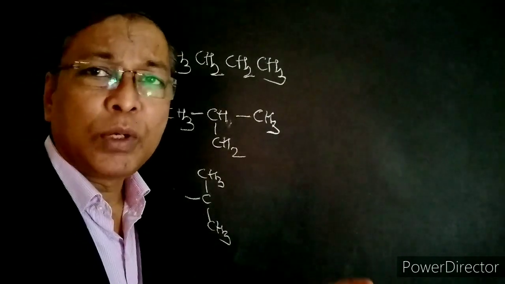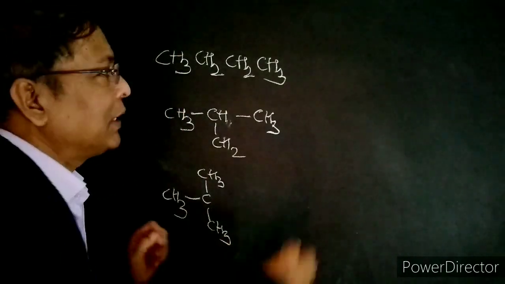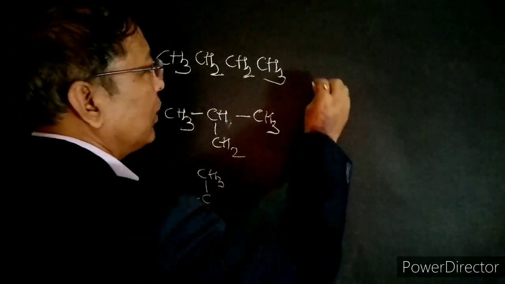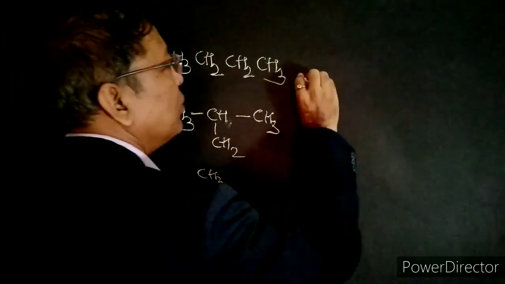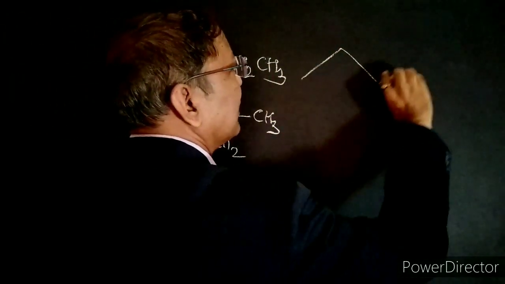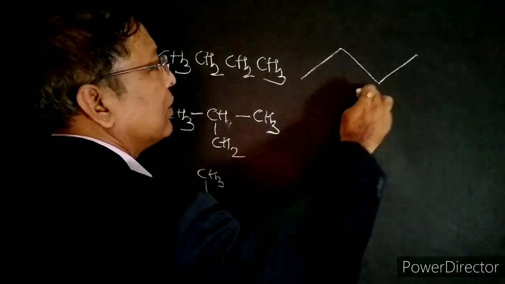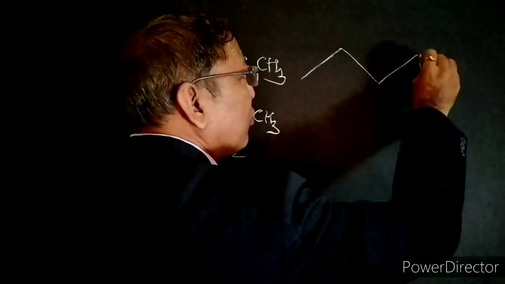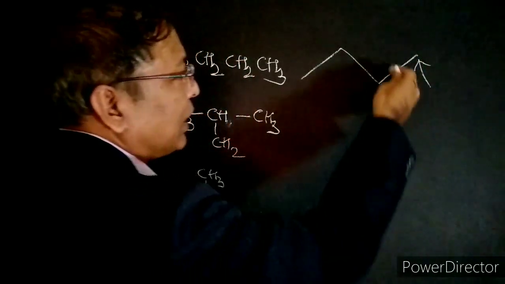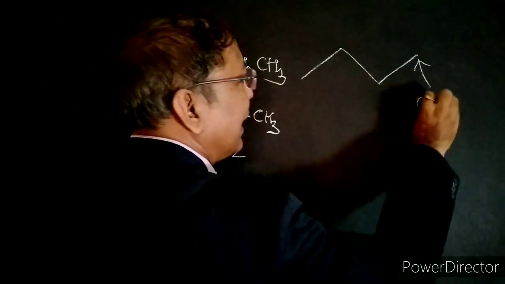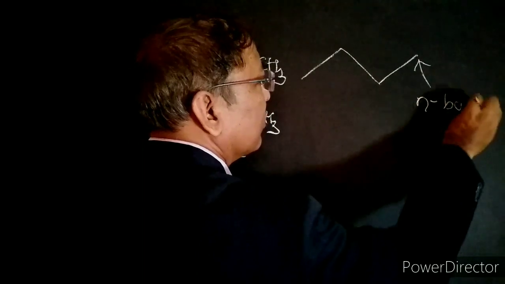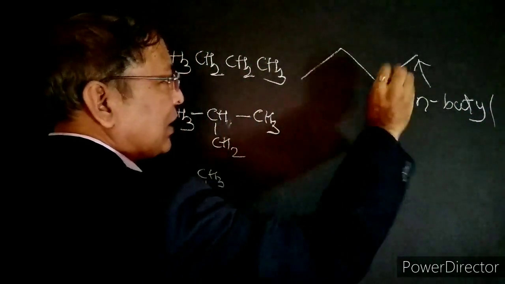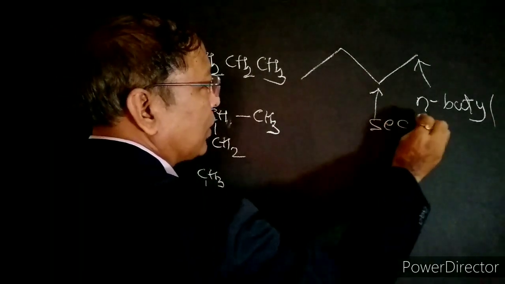The 4 types of butyl groups can be easily understood by taking the bond line formula. We can show this butane using the bond line formula like this. Here first carbon, second, third, fourth. If the hydrogen from this carbon is replaced, then we call it N-butyl. If the hydrogen from the second carbon is replaced, we call it sec-butyl.